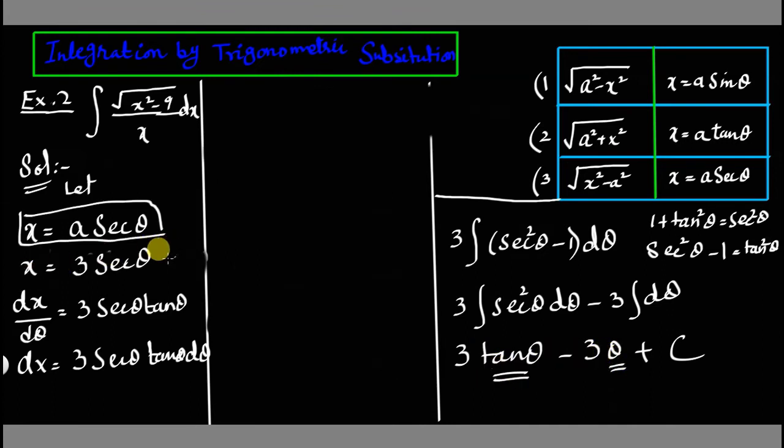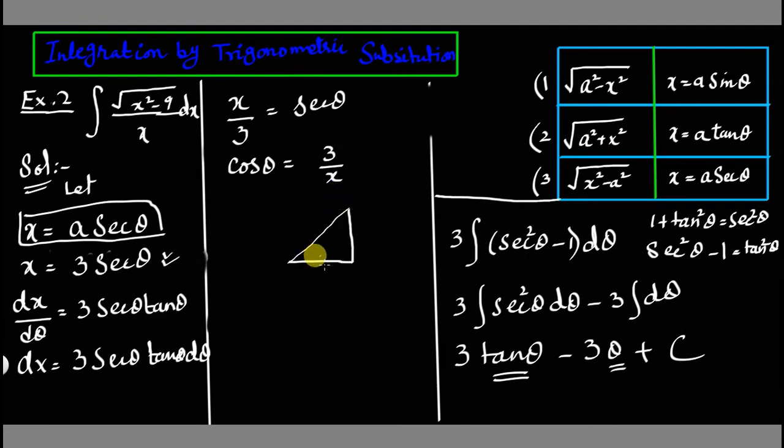So what we will use this particular equation. Now for finding the value of the tangent theta and theta, we will use this equation. x is equal to 3 secant theta, so x by 3 is equal to secant theta and cos theta is equal to 3 by x, and if we have a right angle triangle, the cos theta is base over hypotenuse.